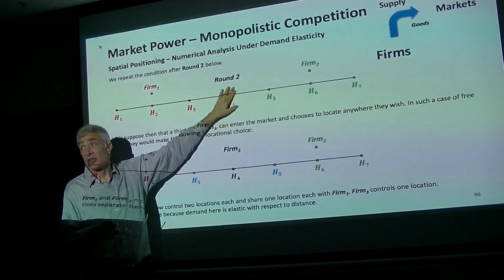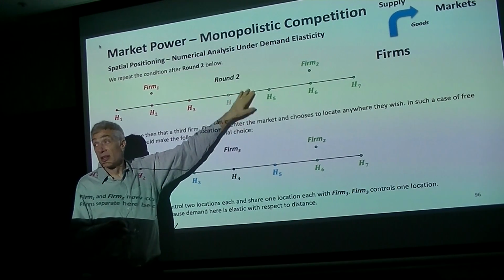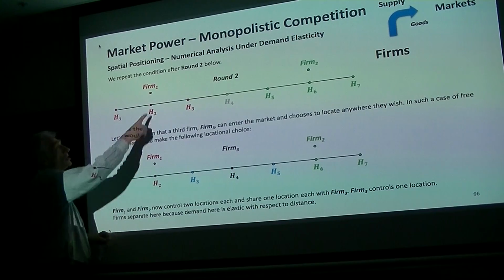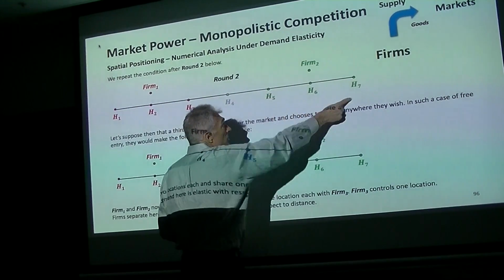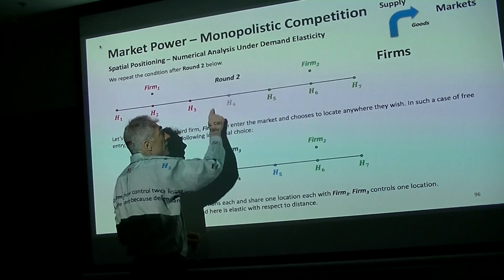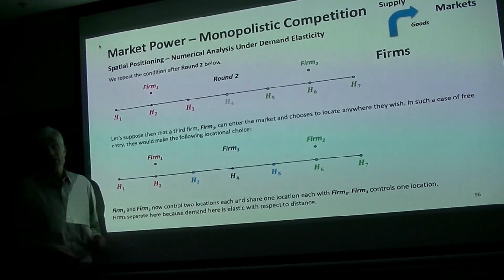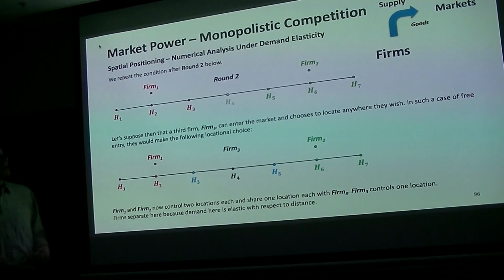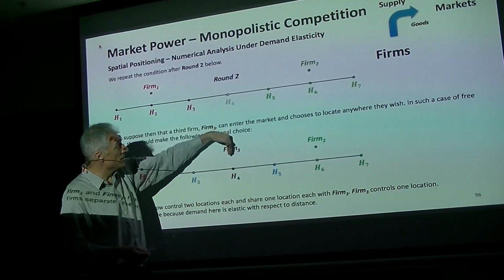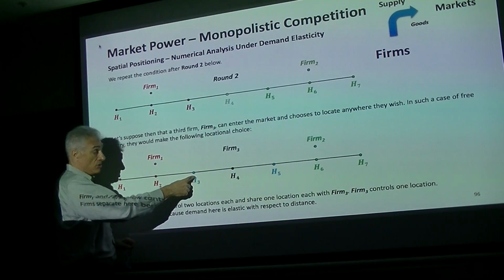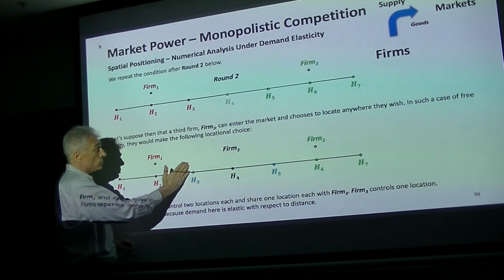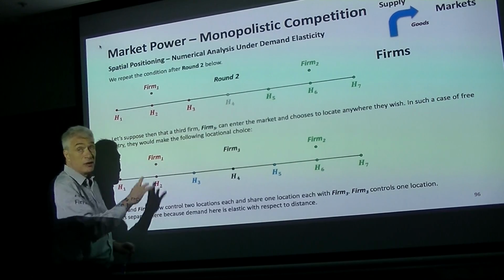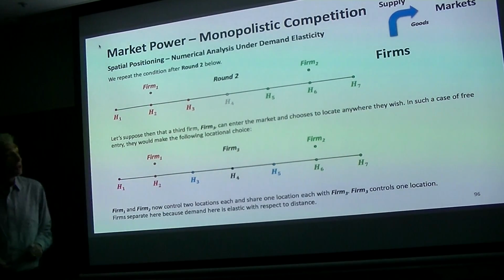There's a part of the market that's not served. It's like having stores. There's a convenience store serving that area, and there's a convenience store serving this area, but nobody is serving that area. So there's an opportunity to come into the market. Firm 3 comes in, and what happens? This is where there's a market entry. It reduces the territory of firm 1 and firm 2.